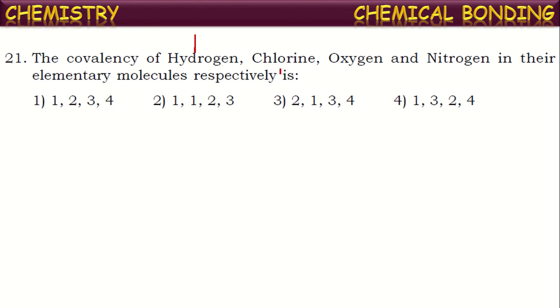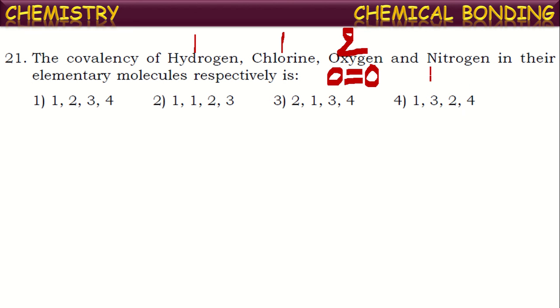If we see in the case of chlorine also, both the chlorines share a pair of electrons between them in attaining stability. As they are sharing one pair of electrons, the covalency of chlorine is also considered as 1. In the case of oxygen, they share two pairs of electrons between two atoms. So the number of electron pairs shared is 2, hence its covalency is taken as 2.